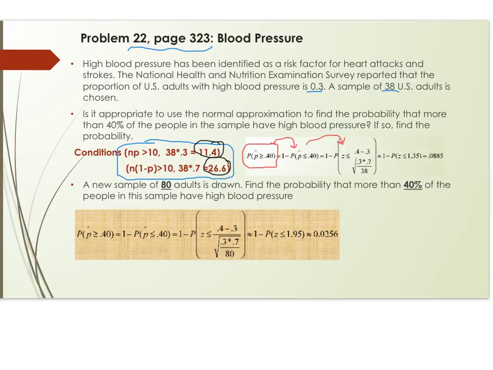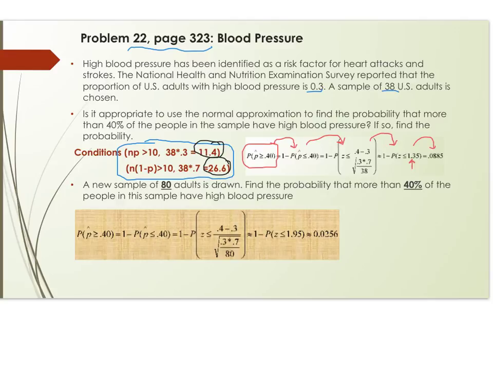You notice our standard error is the square root of 0.3 times 0.7 divided by 38. Then we get this statement, 1 minus the probability that z is less than or equal to 1.35. We look this up in the table, subtract it from 1, and we get about 8.85%.